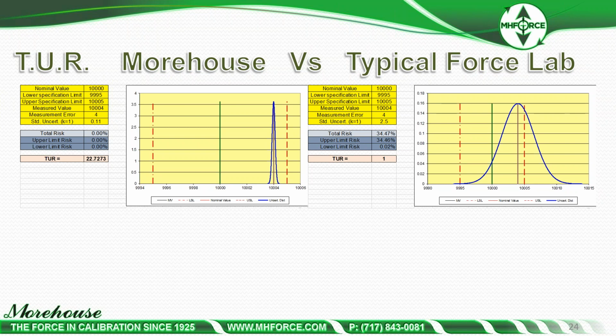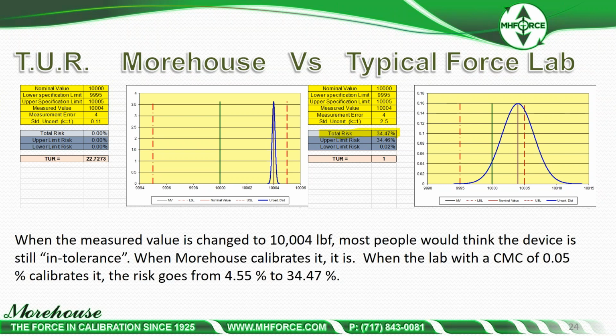The secondary laboratory performing this calibration, even if they were 0.025 or 0.02, is not going to be able to say that. The risk increases pretty drastically, from 4.55 to 34.47. This is really what you want to pay attention to: how much room do I have?